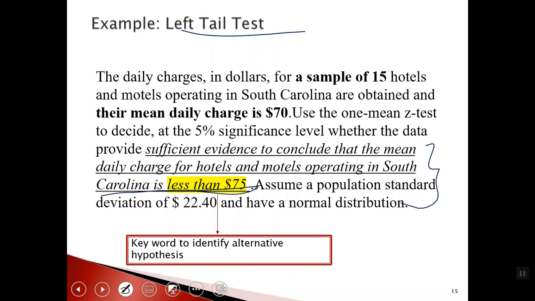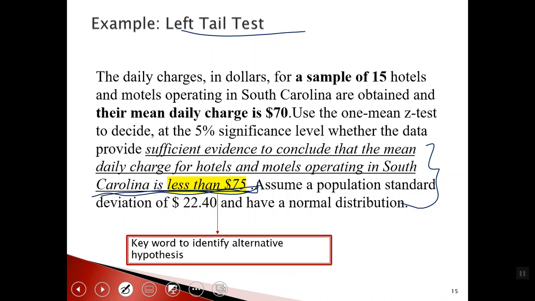I'm not going to read the whole question, I'm going to focus on the main points. How do we identify what kind of test this is? Go through the question and find what they have asked you to find.